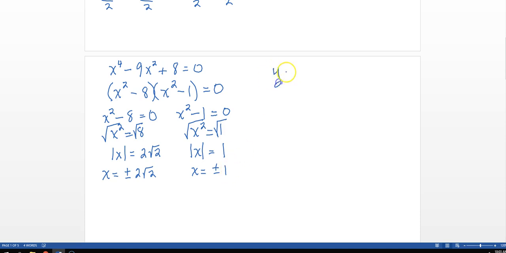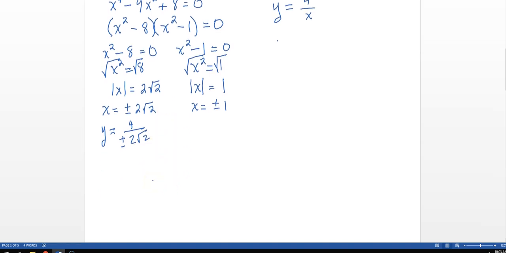So if I remember back at the top, I have one of the equations already set equal to y. So I'm just going to substitute in the plus or minus 2 root 2. So y equals 4 over plus or minus 2 root 2. And then simplify that to y equals plus or minus 2 over root 2.